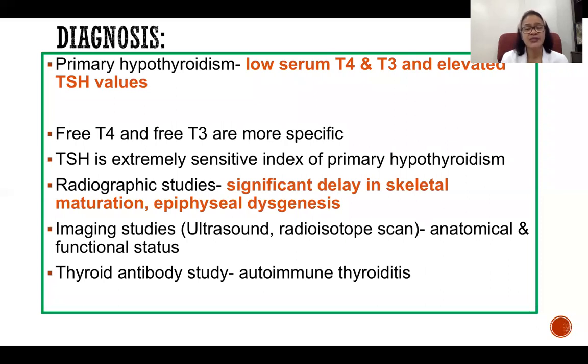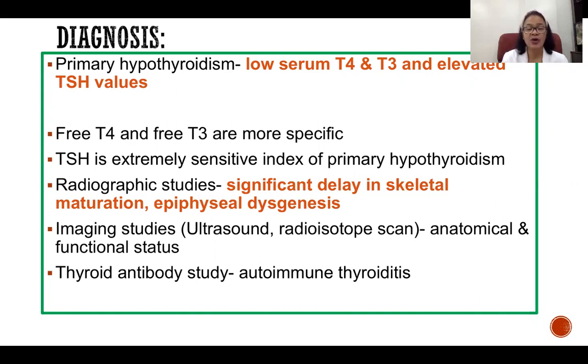So the diagnosis with primary hypothyroidism, this is very characteristic, no? With very low serum T3 and T4, and of course, you have an elevation of your TSH. So the TSH here is an extremely sensitive index of primary hypothyroidism. So these are very high levels of your TSH.